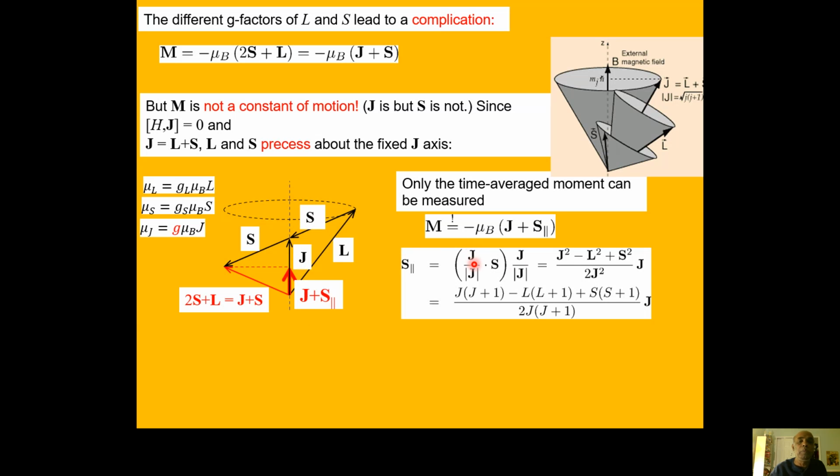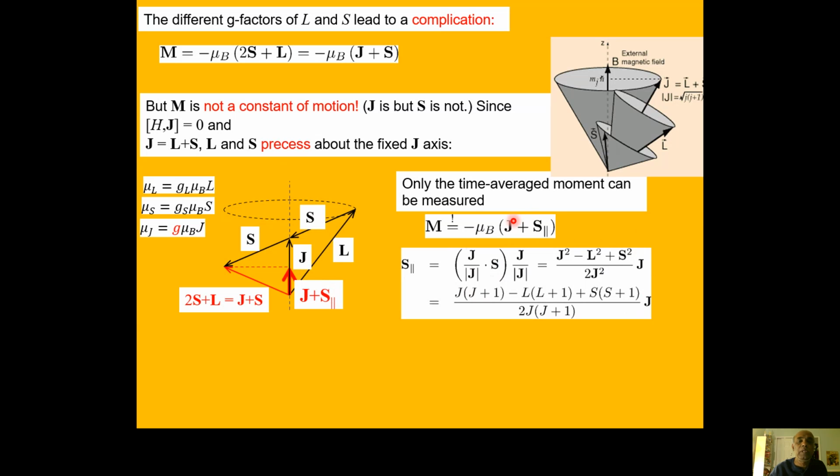That's the direction of B. So we can write S parallel in terms of J squared minus L squared plus S squared, divided by 2 J squared, in the direction of J. Since we know the eigenvalues for J squared, L squared, and S squared, that is j(j+1), l(l+1), s(s+1), divided by 2 j(j+1) with the J vector, that is the component along S parallel.